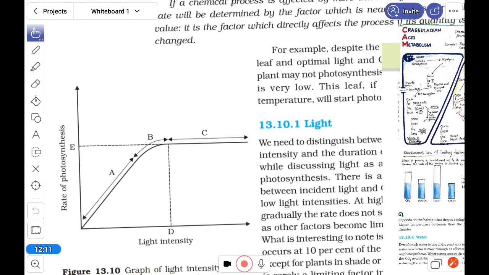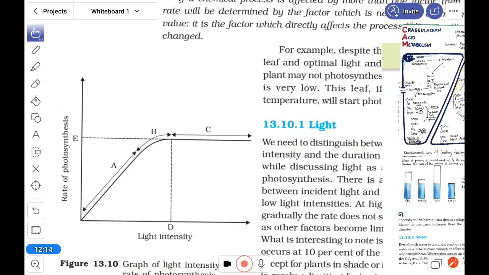There should be an optimum, after which the rate of photosynthesis will not increase even if the intensity increases. So there is a certain level.